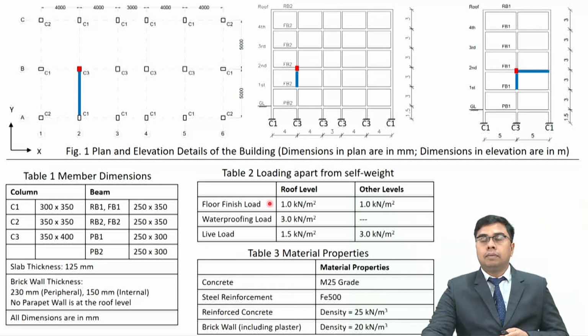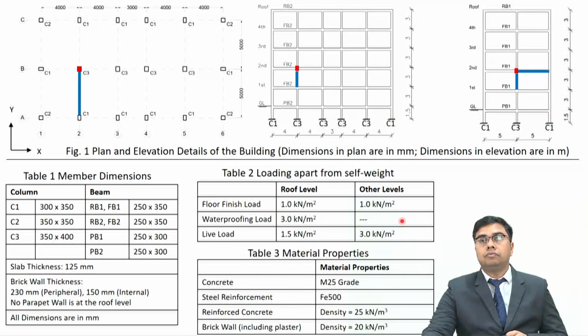And apart from the self weight, we also have some more dead loads. For example, floor finish load, which is 1 kilonewton per meter square at all the levels including roof level. The waterproofing load is only at the rooftop because we need to waterproof the building. So, that loading is 3 kilonewton per meter square.